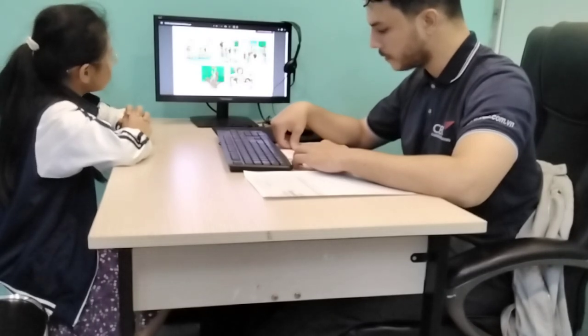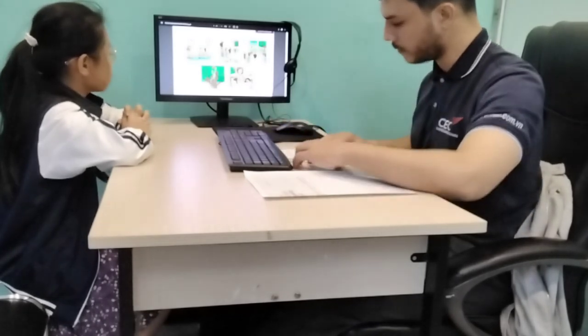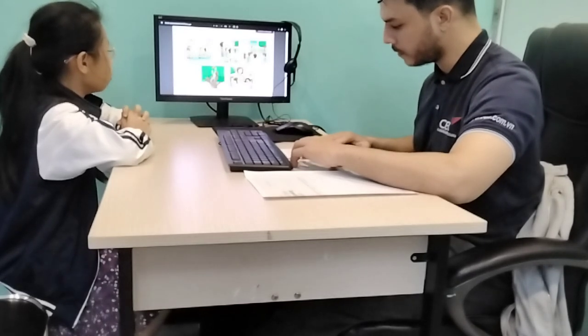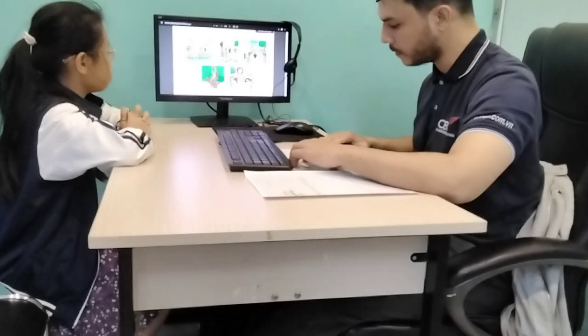They say, "See, teacher, there's a cat on the tree." The teacher said, "Oh, I understand. Now I will go out to rescue the cat."